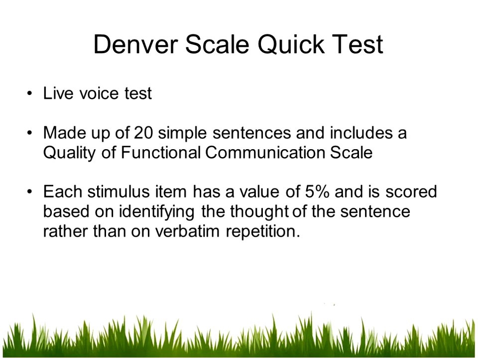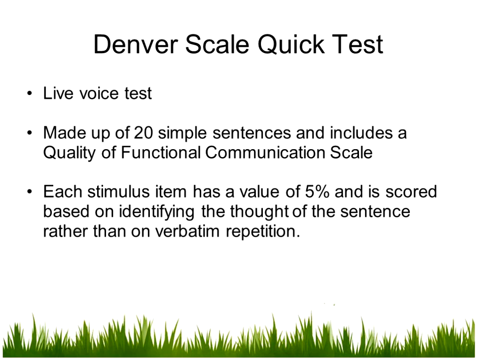One of the things that we often use is a little test of lip reading called the Denver Scale Quick Test. It's 20 really simple sentences. You, as an SLP, administer it. It's a live voice test, and you score the sentence as correct if the person gets the gist of the idea.